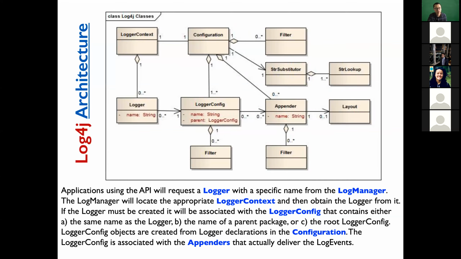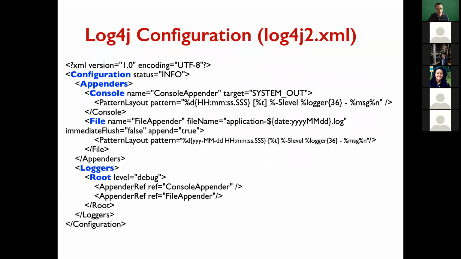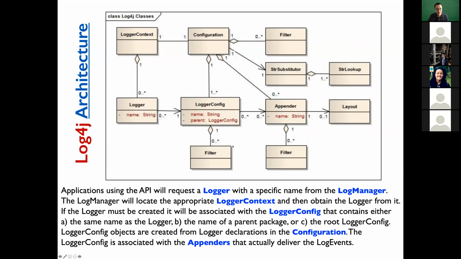Each logger config is associated with the appenders that actually deliver log events. We see here, each logger is associated with appenders, right? Then we output the content of these loggers into these appenders, and we define these appenders here. So this is basically the general architecture of the log4j classes.